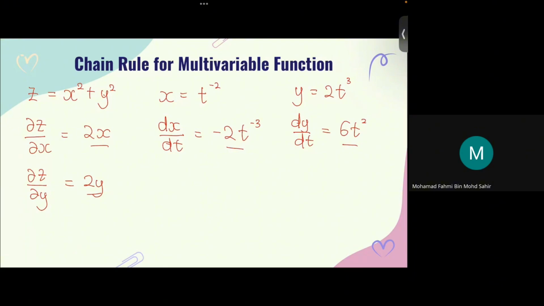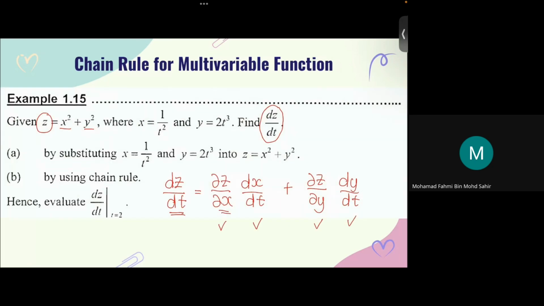Now we put them in our equation. Remember what our equation is? Our equation is del z del x multiplied with dx/dt, plus del z del y and dy/dt. So this is our equation.